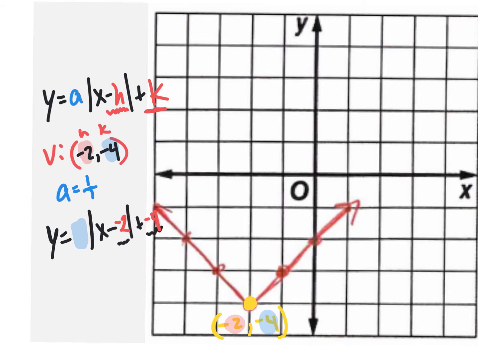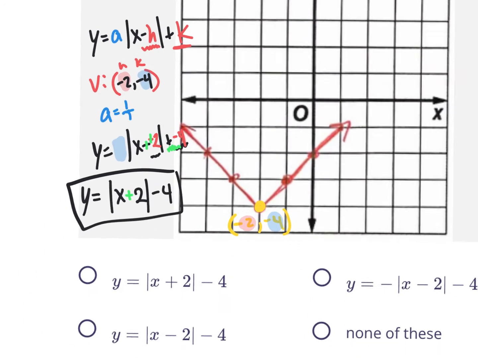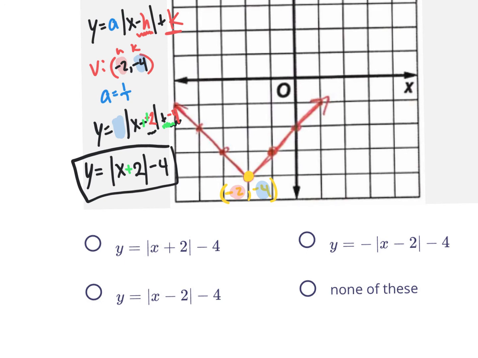So there is our equation. Y equals, let's clean it up a bit, the absolute value of x plus 2, close absolute value, and the plus -4 we could just write as a -4. There's our answer. That's what we're looking for on the multiple choice, and that is what we have right here.